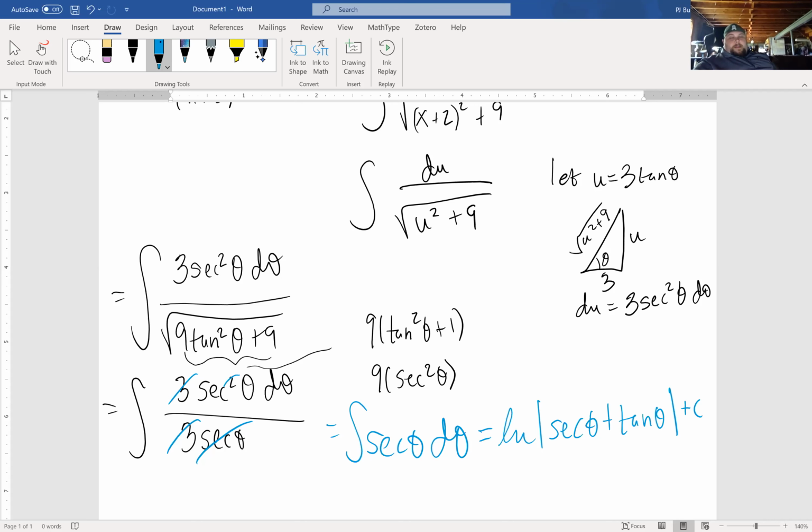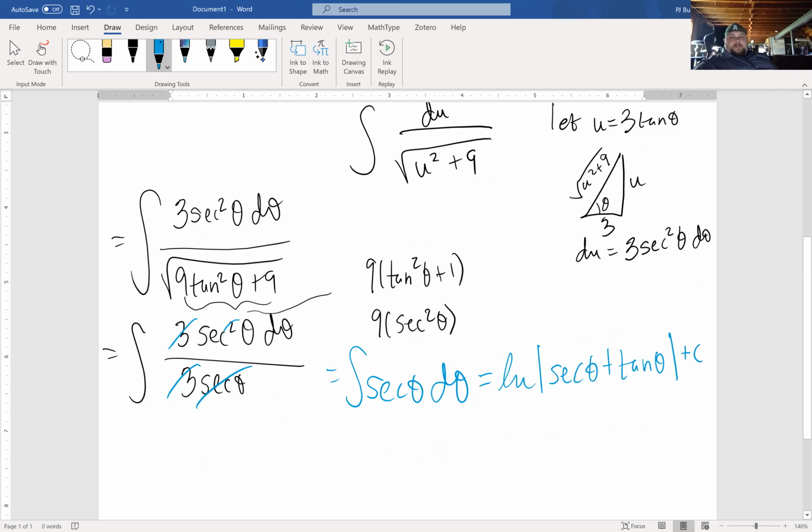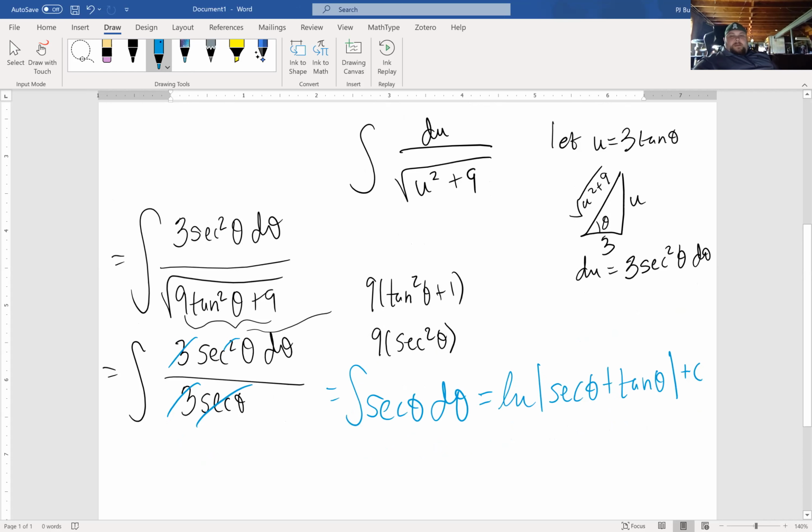So anyhow, once you have that, you just need to plug in. So secant is going to be, that's related to cosine, so hypotenuse over adjacent.